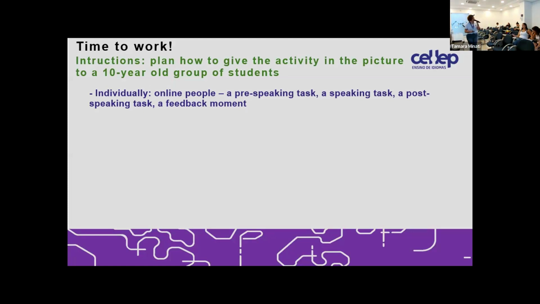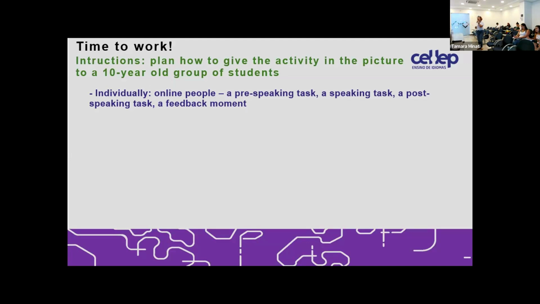We can ask students to reflect on the activity. Maybe a conversation with the students about what they understood, what difficulties they found. Maybe teach them a song about food so it can be fun and they can also memorize the words. Okay, thank you, Renata. Thank you, Marceli.